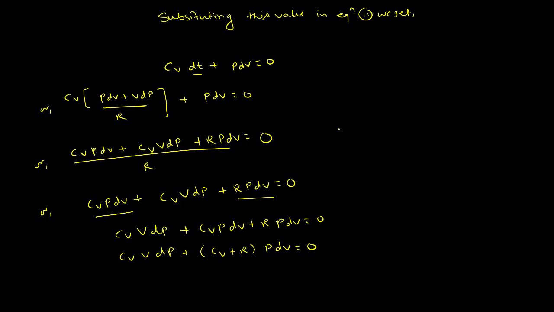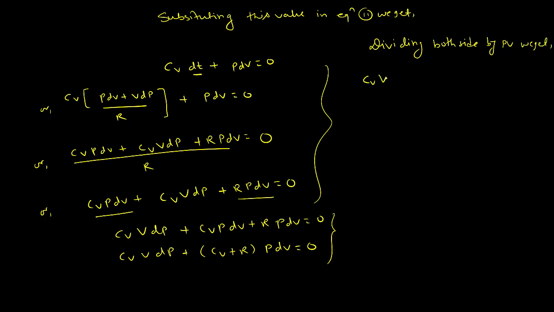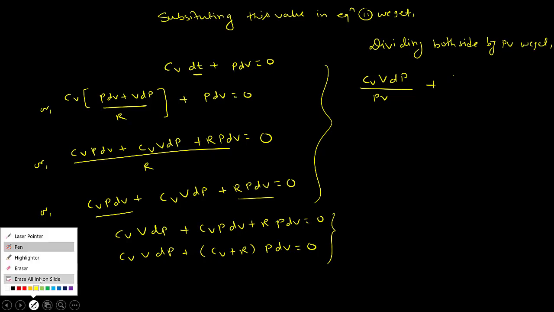Dividing both sides by PV, we get Cv VdP divided by PV plus (Cv plus R) PdV divided by PV.